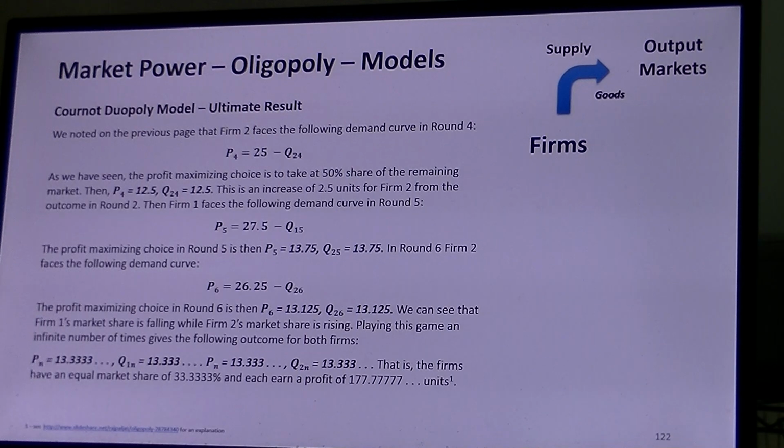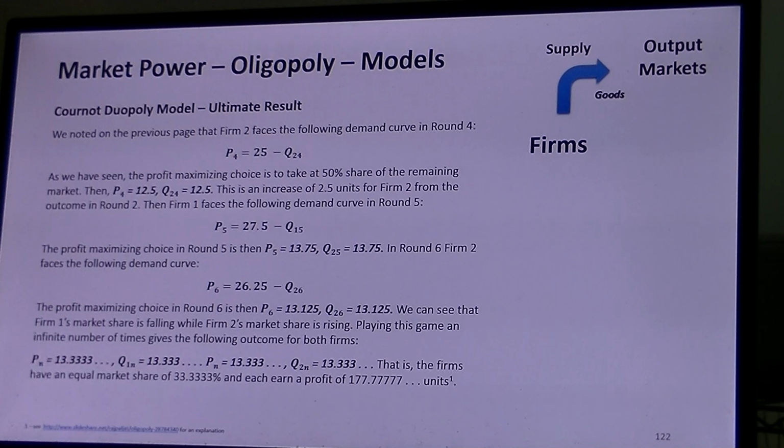And again, the reason why this is happening is because in this game, the firms do not anticipate the move of the other. So they make a move, and then the other firm makes a move.